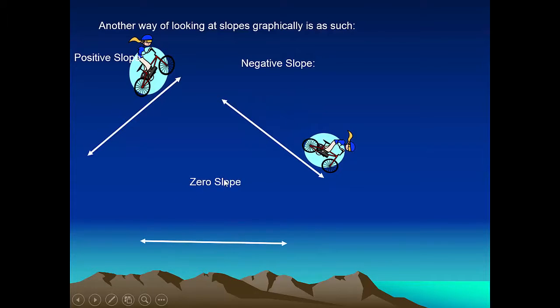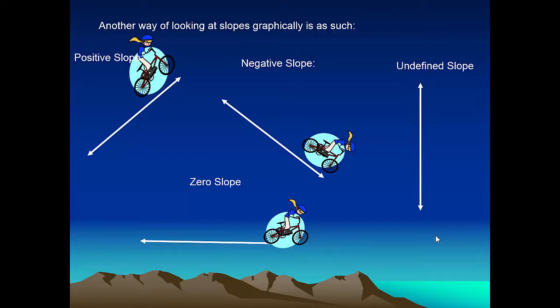Now, we come here. We have our 0 slope, which is our horizontal line, using the same bike rider. Now, if you just ride horizontally, you're not moving up, you're not going down, you're basically at 0. You are moving straight across, just like we have here. Now we go here to our vertical line.